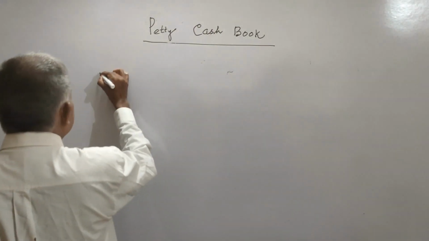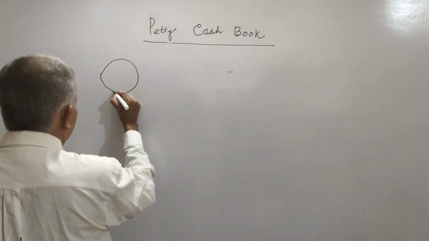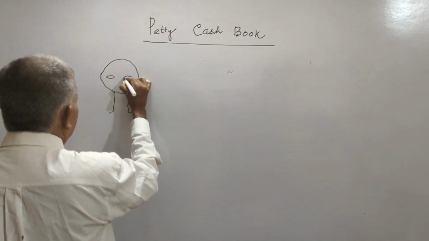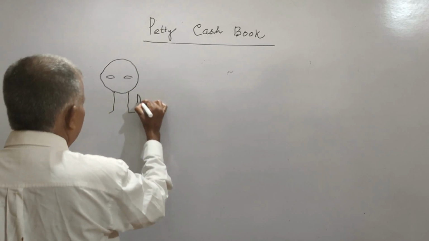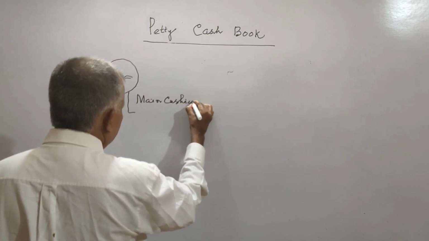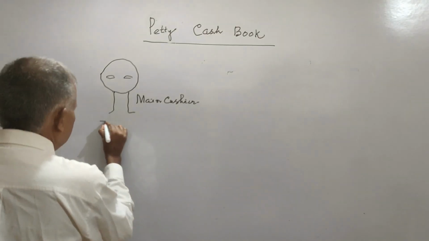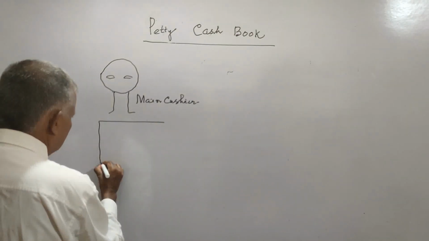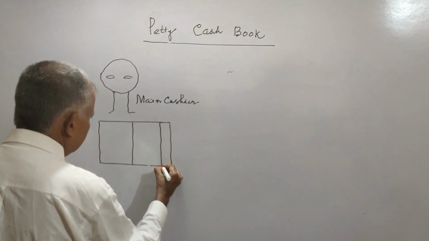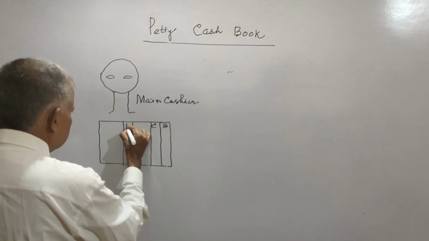Generally, he is the main cashier, or I can say he is the principal cashier, head cashier, and he has the cash book. He has the cash book of double column. This is your cash, this is your bank.